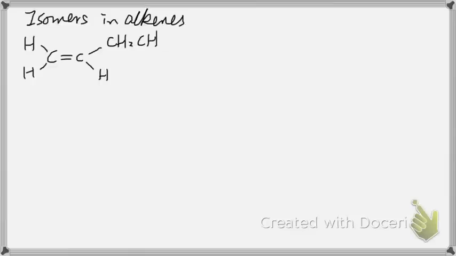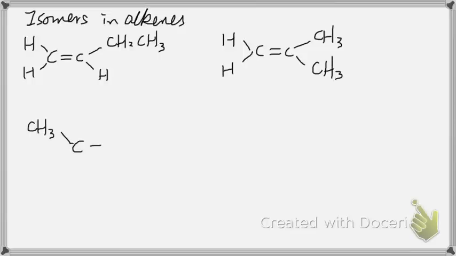Alright, next we will take a look at isomers in alkenes. So let's first use the 4 carbon alkene as an example. There are 4 isomers for alkenes with 4 carbon atoms.